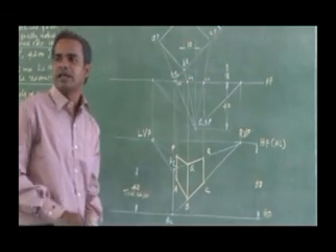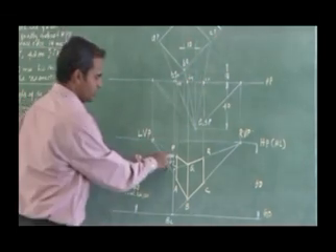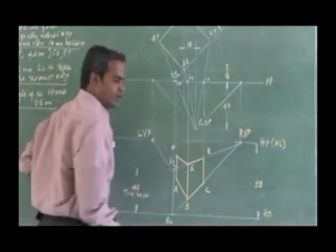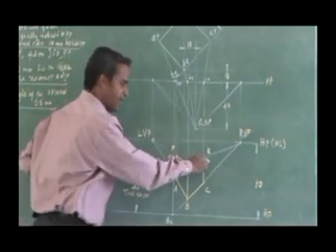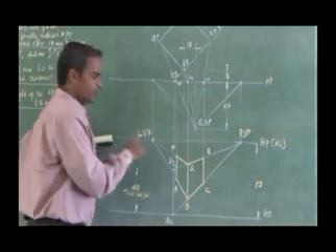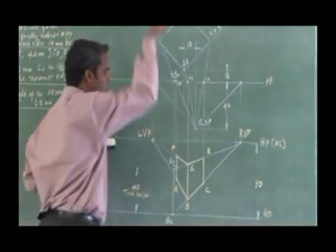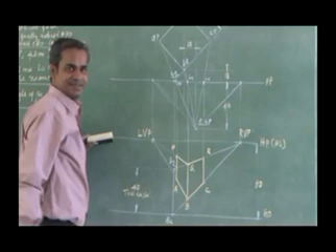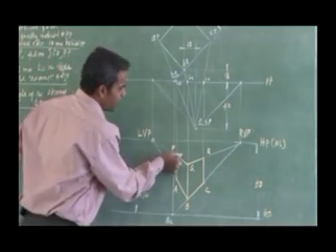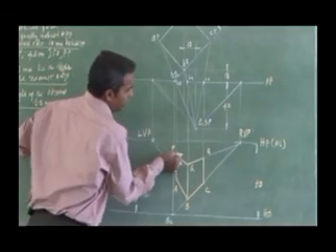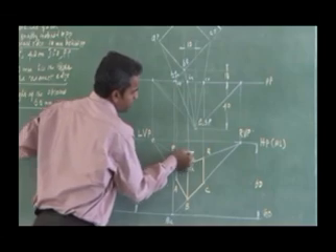What can I do? Easily. This corner P, I can join it to the right vanishing point. This corner R, I can join it to the left vanishing point. Wherever it intersects, that is going to be my PQRS. So this P, I can join it to the right vanishing point.